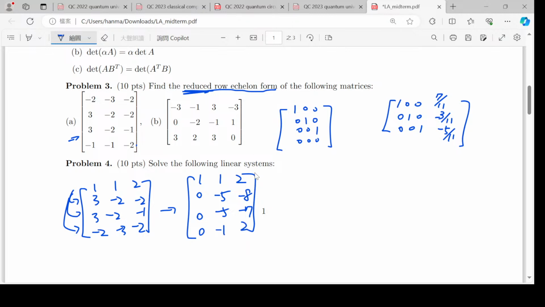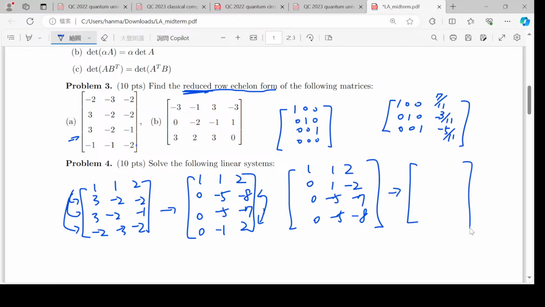Okay, and then if I swap those 2 again, 1, 1, 2, 0, 1, -2, 0, -5, -7, 0, -5, -8, and then I go 1, 1, 2, 0, 1, -2, and +5.